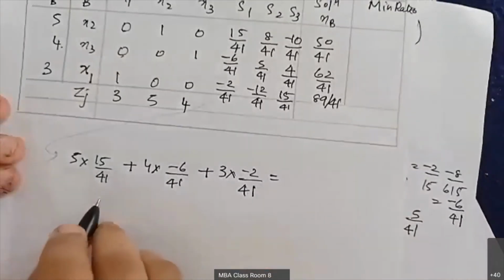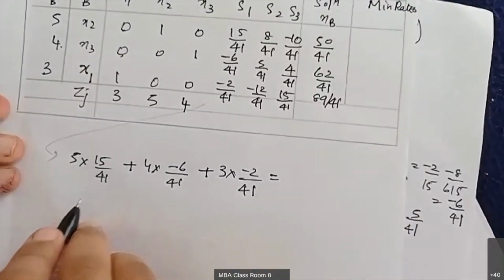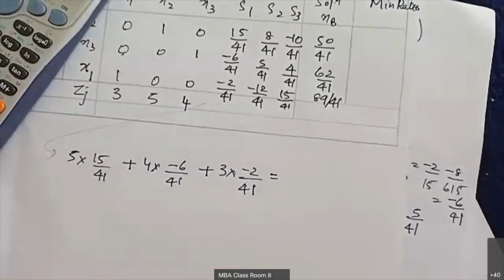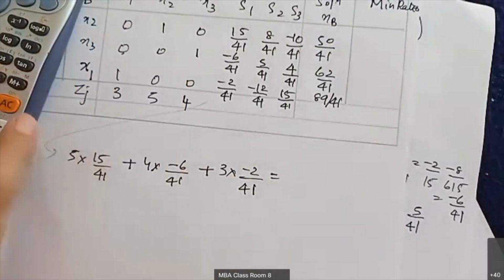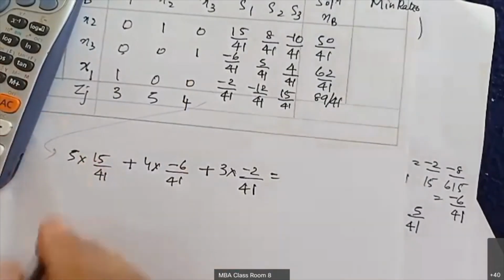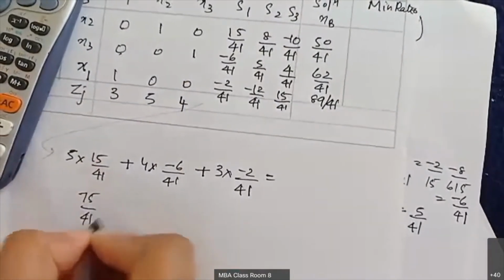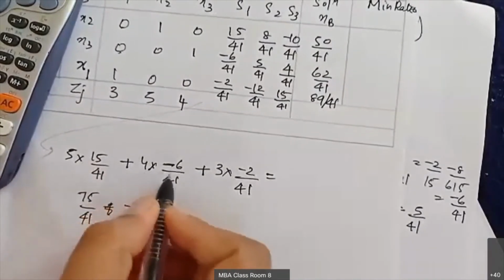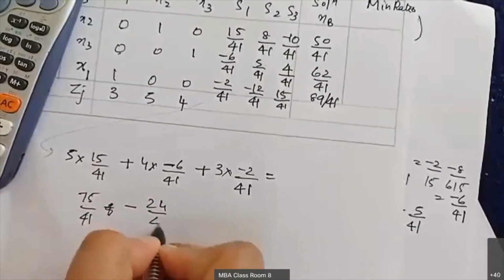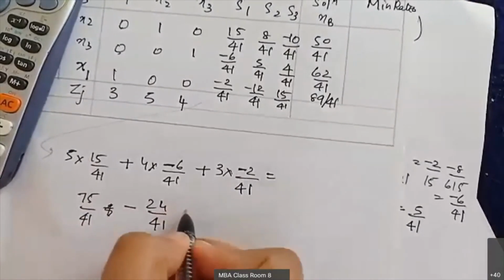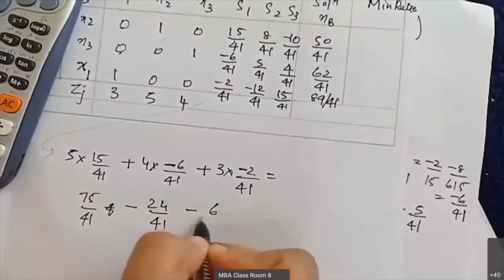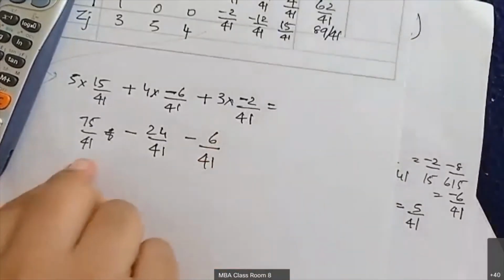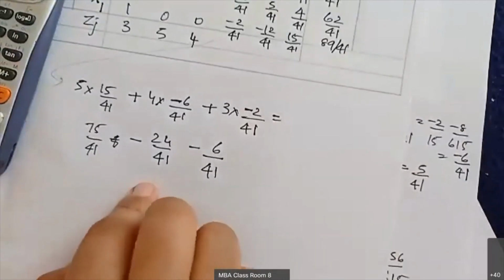Okay, can you calculate and tell me what will be the value here? 75 divided by 41. Here it will become minus. Okay, we have a minus here. So minus 4 into 6, 24 divided by 41. Here again you have a minus. So minus 3 into 2 is 6 divided by 41. So everything is over 41.